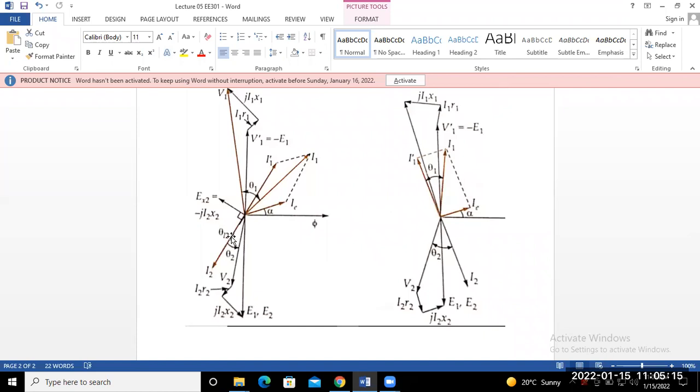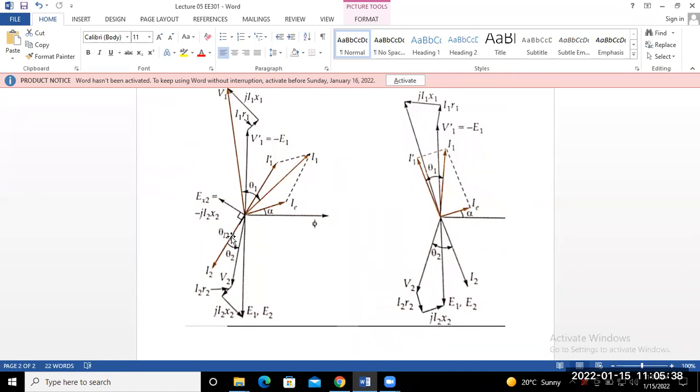The MMF of the primary coil and secondary coil are equal. That means MMF is nothing but the product of the primary current and number of turns, equal to the product of the secondary current and number of turns of the secondary coil. That means I1 N1 equal to I2 N2.